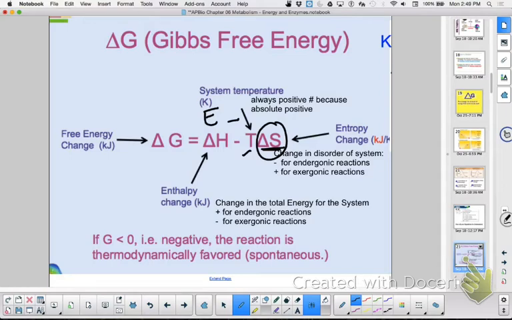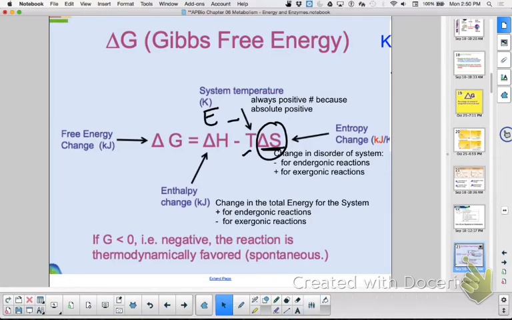My delta G will be negative, right? But if I'm going to greater order, my delta S would be very small because my entropy is not going to be big, I'm going to have less of that entropy. So if you think about it like that, then that equation probably won't freak you out. Okay, hopefully.